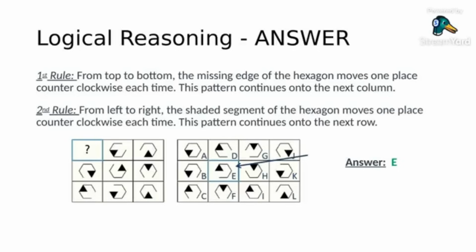Okay? This pattern continues onto the next column. And then, next, from left to right naman po, the shaded segment of the hexagon or that shape moves one place counterclockwise each time. So this pattern continues onto the next row. So the answer po is letter E.